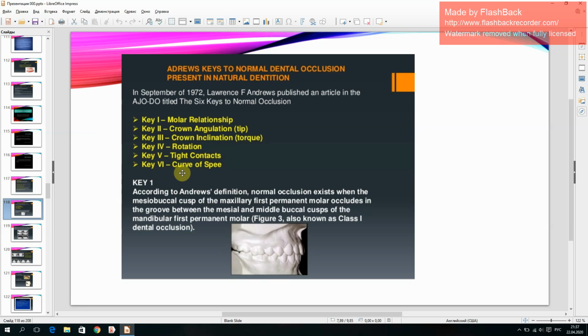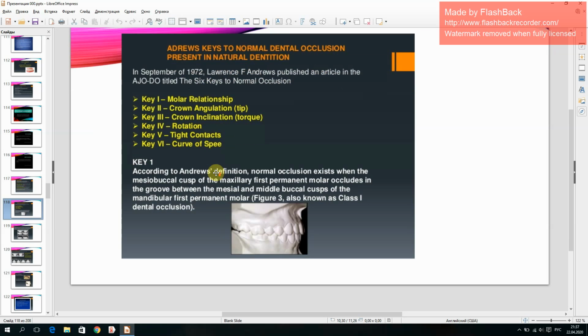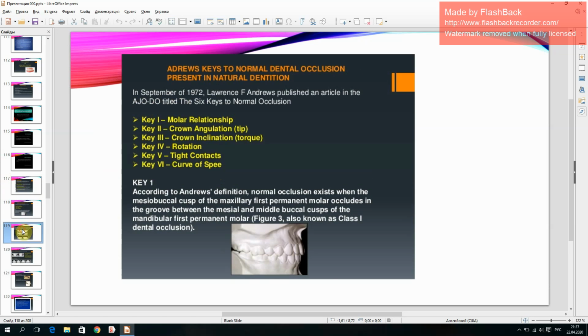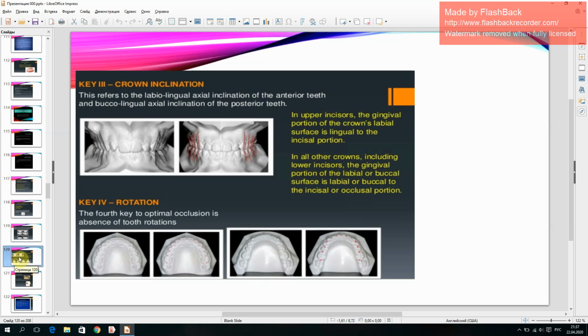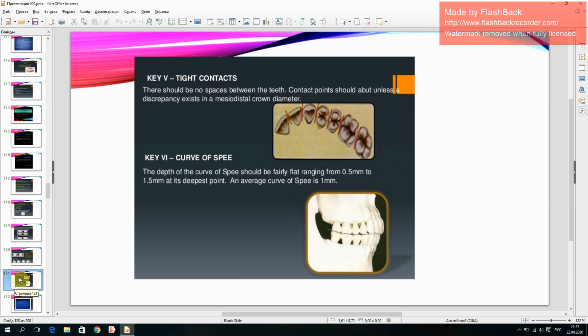K6: curve of Spee. K2, K3 and K4, K5 and K6.